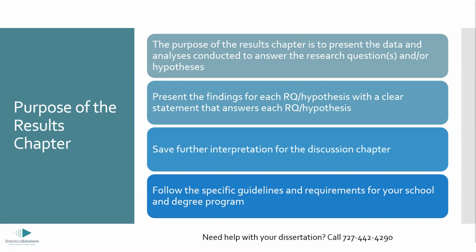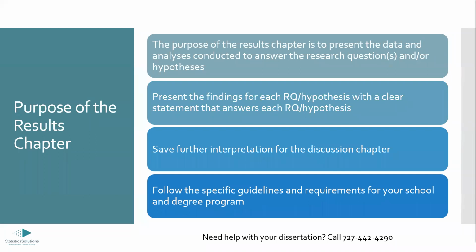Although today we'll be covering the sections that are most commonly required in the quantitative results chapter, you do want to make sure that you always refer to the specific guidelines or requirements of your school or degree program to make sure that you include all of the necessary sections.